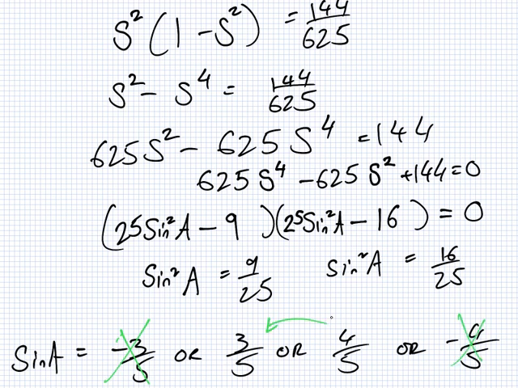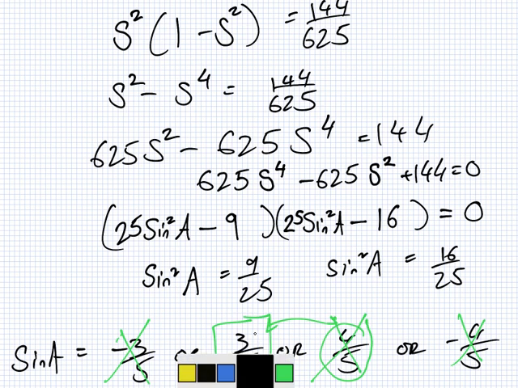But it seems like you have a choice here, but you don't, because I tell you 2a is acute. Now if you use this value for a, then the angle you get for 2a will be more than 90. In other words, this angle is too big to be acute. So only this is the answer. How do we know that?